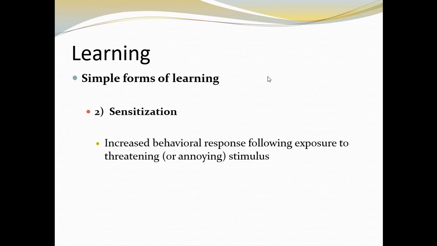So if it's something in the environment that could have an impact on us, then we might actually become sensitized. And so in this case, you might have something that you get sensitized to, and you increase your behavioral response after repeated exposure. It could be something threatening, and I put annoying in here because I'll have an example from our house about this.